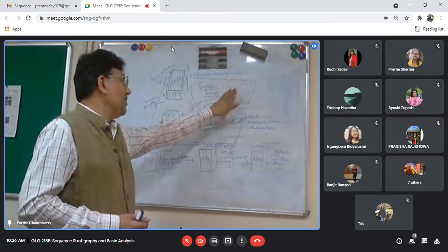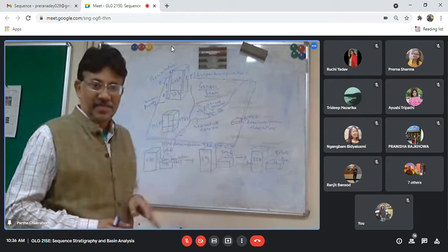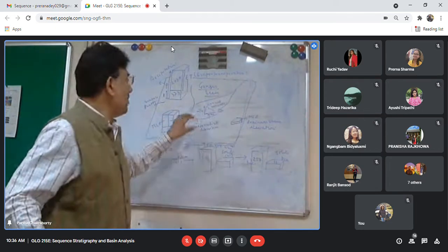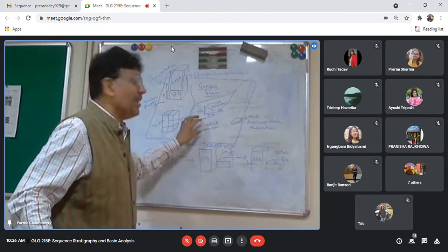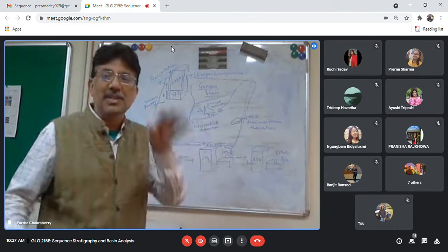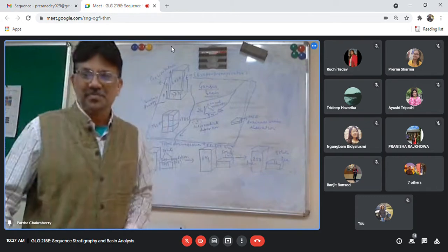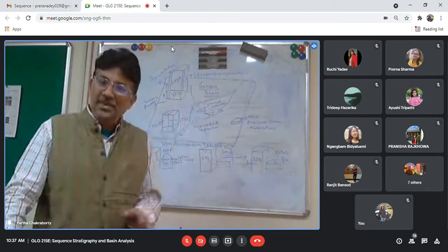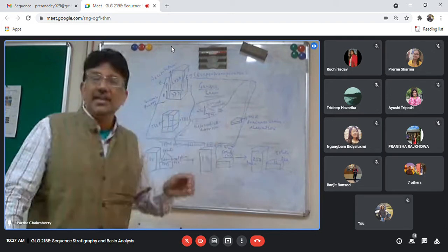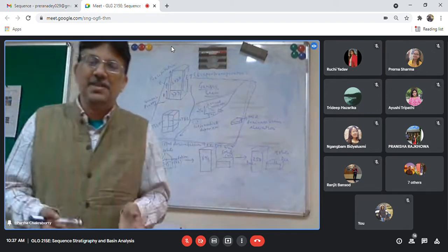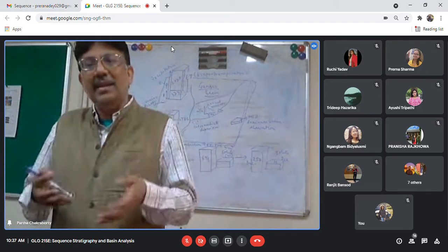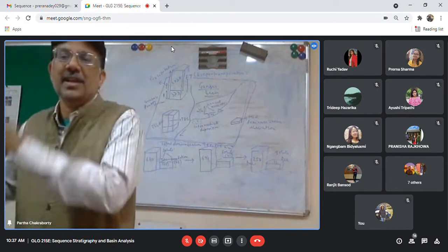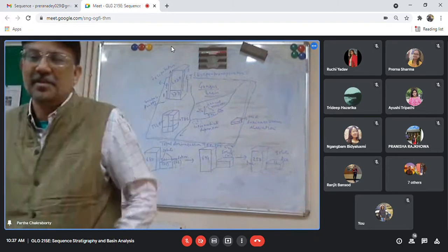Now, when the sediment is being transported, what will happen? You might have developed a reservoir. There may be the levee or the floodplain or those areas where some of the sediment may get trapped. So in the process, some sediment may get trapped, and not all the sediment released by means of surface runoff and the mechanical and chemical denudation reaches the main basin, that is the marine basin or the lacustrine basin.